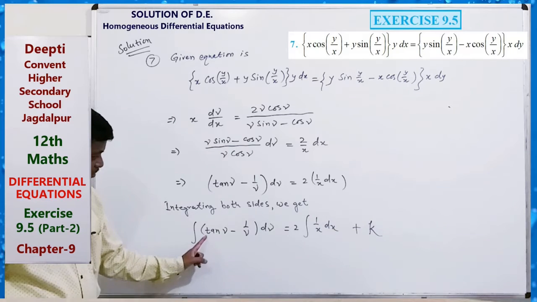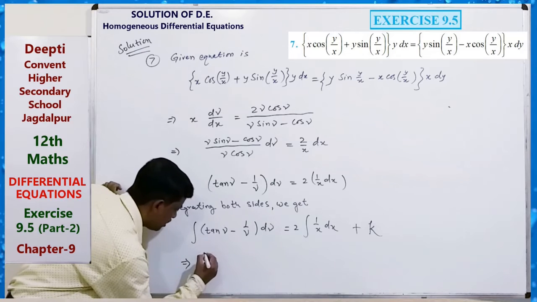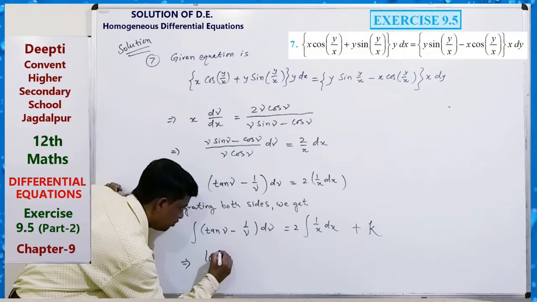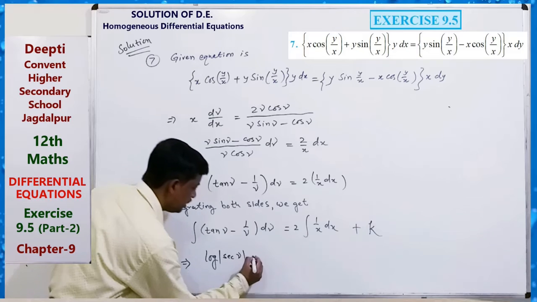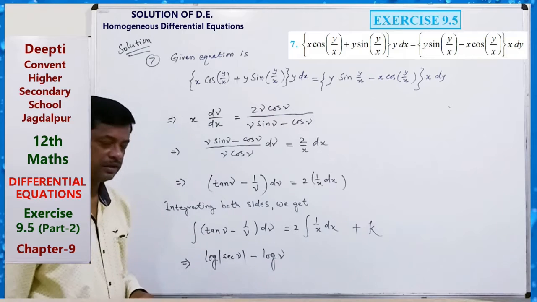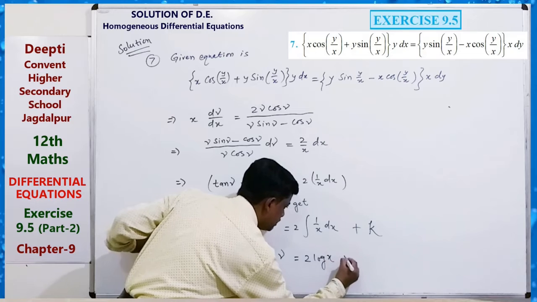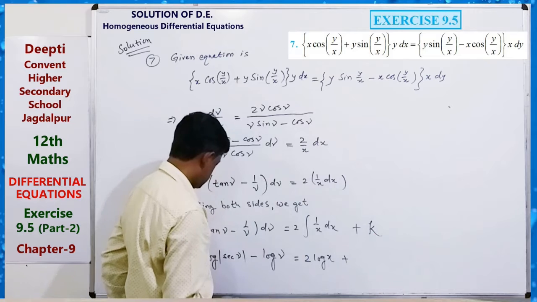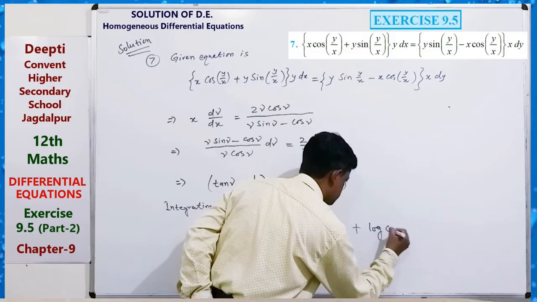Now the integration of tan v minus 1 by v: tan v means log sec v minus log cos. So log mod sec v minus log v equals 2 log x plus, just take it as log c.